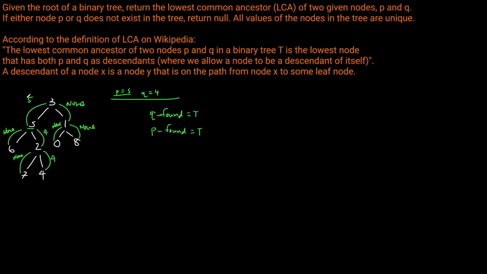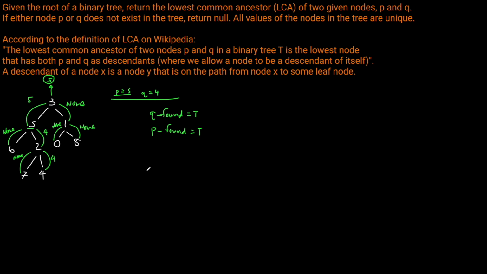So 3 is now receiving a 5 from its left subtree and a none from its right subtree. Now we check, okay, does 3 equal P or does 3 equal Q? No, it doesn't. And now what we return globally is we would return 5 from our function. So we would return a non-null node from our recursive DFS function that we would write here.